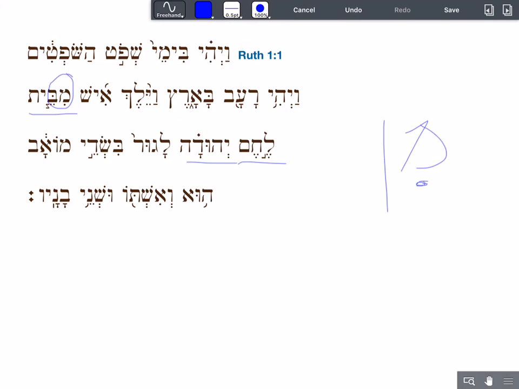When we add this preposition to a word, the nun is going to assimilate into the first letter of the word that you attach it to. And if that first letter is not a guttural, you're going to get a dagesh forte to indicate that assimilating nun. So we have mibeit lechem Yehuda.